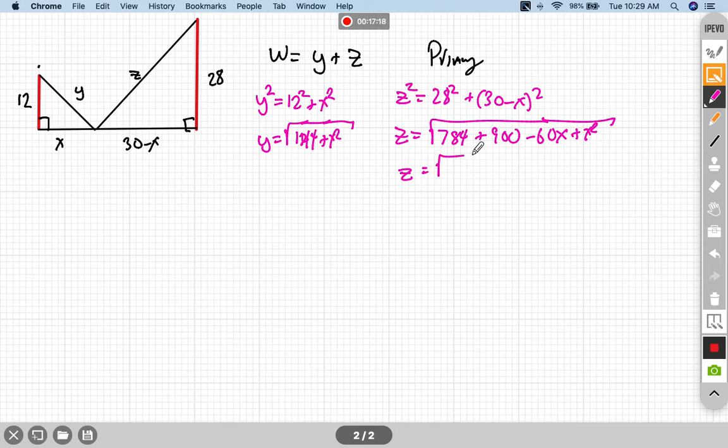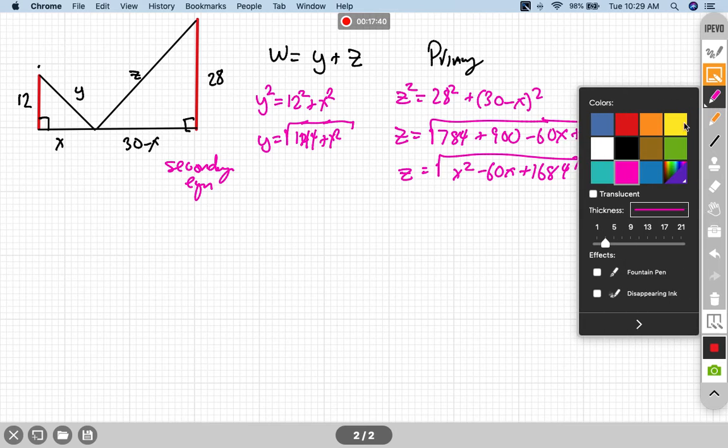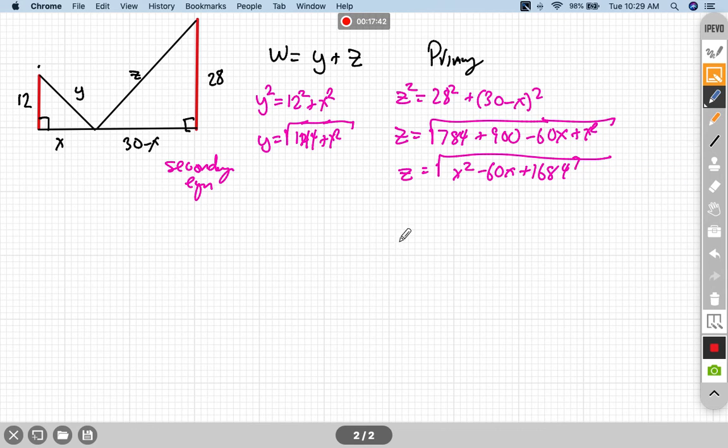So z is going to be the square root of x squared minus 60x plus 1684. These are my secondary equations. We plug both of them into here, and we get w equals the square root of 144 plus x squared plus the square root of x squared minus 60x plus 1684.